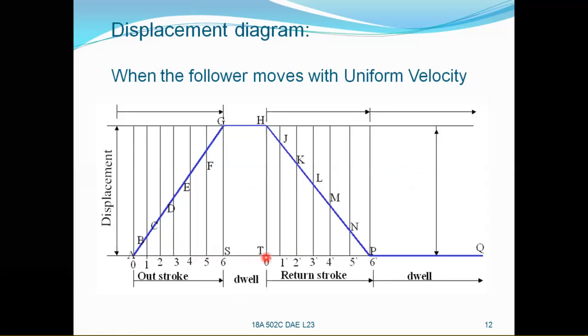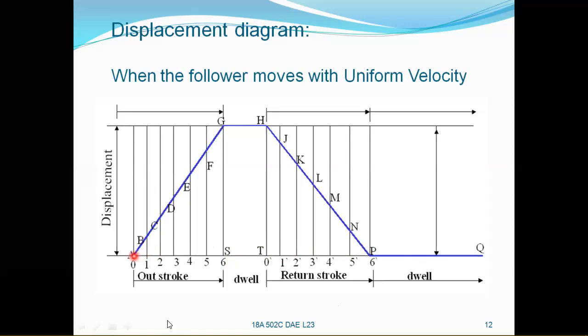Similarly, from T to P is the return stroke, which you also have to take with the same scale. The dwell periods 1 and 2 should not be marked or divided.